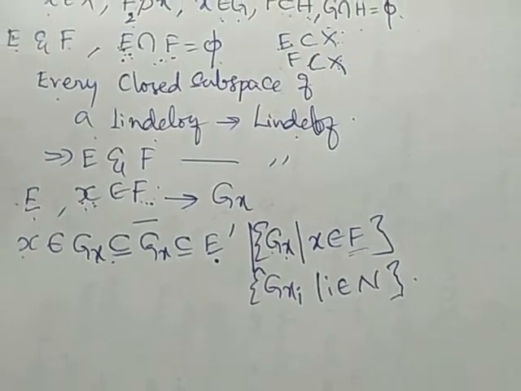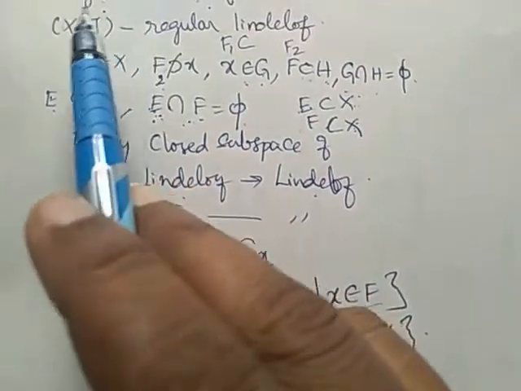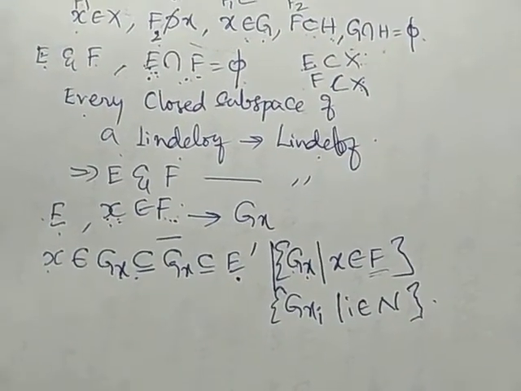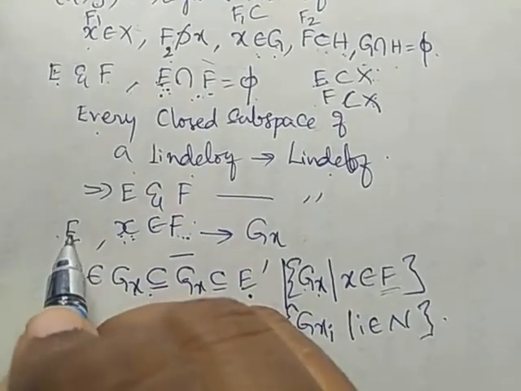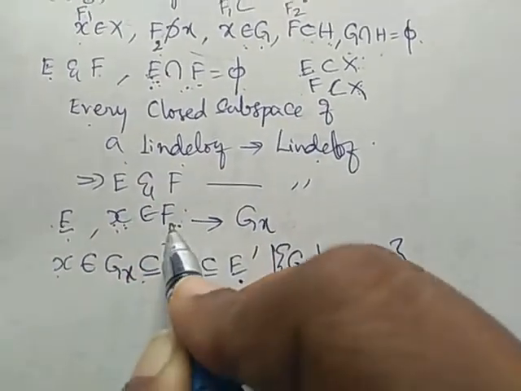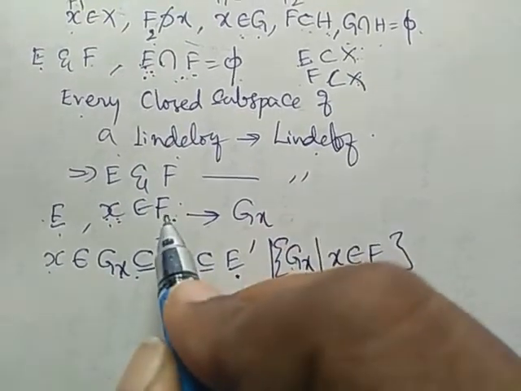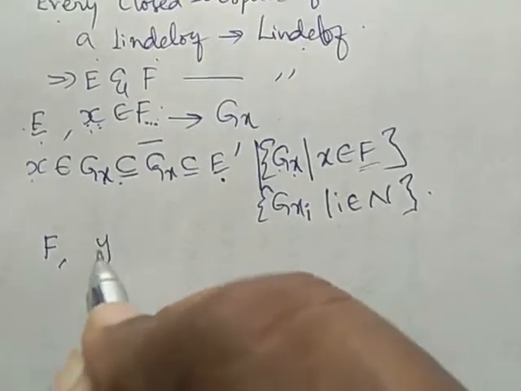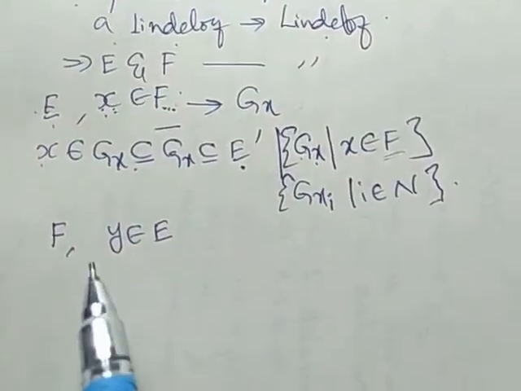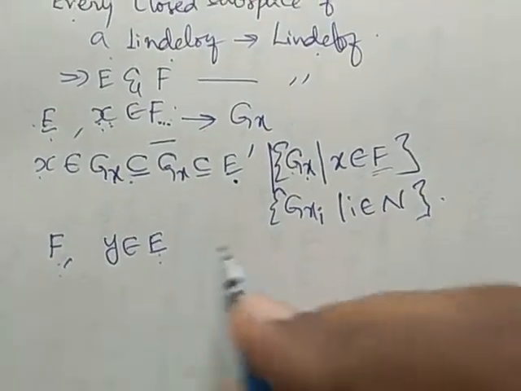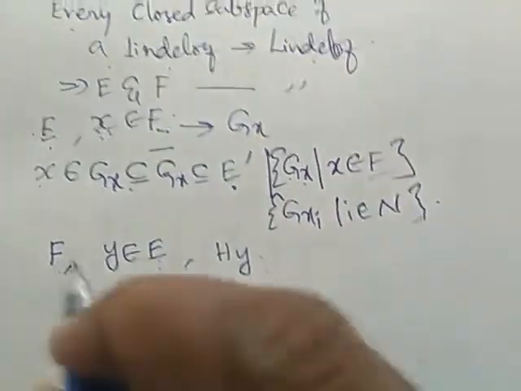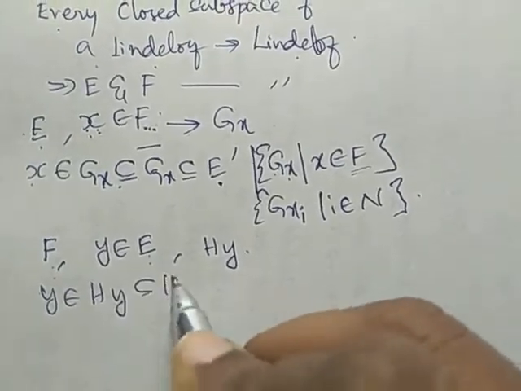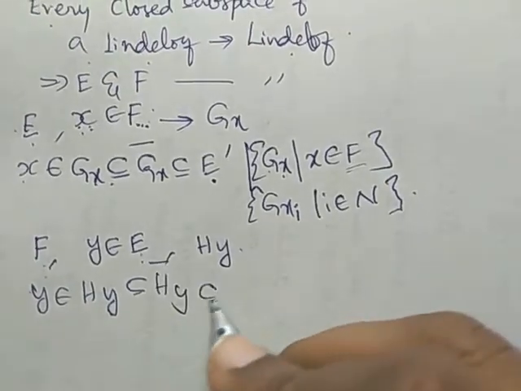Similarly, by the regularity condition of X, and a closed set F, here I was considering the closed set E and an element belonging to F. In the reverse way, now I am considering a closed set F and a point belonging to E. Again, from the regularity definition, there exists an open set Hy such that y belongs to Hy, Hy closure is a subset of F dash.